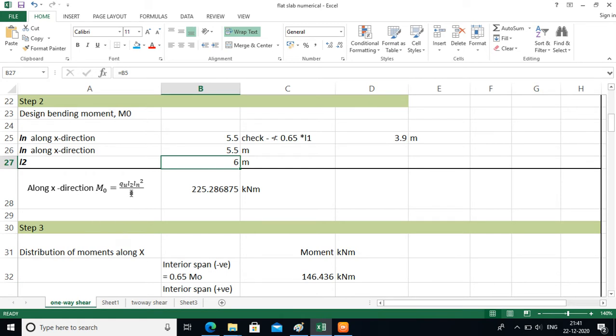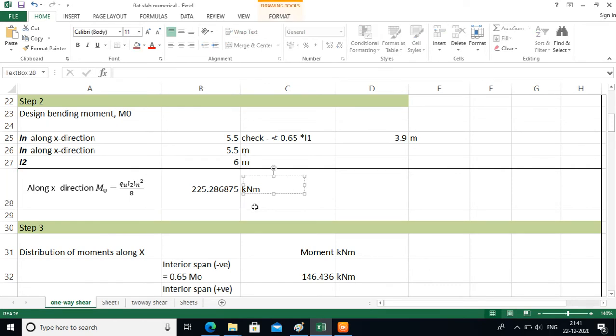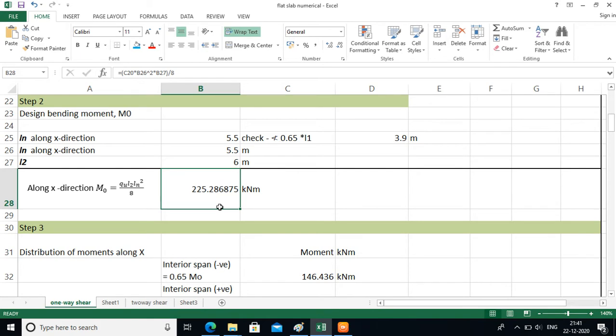The formula is Qu into L2 into Ln square divided by 8, where Qu is the total ultimate load, obtained by applying the factor load. L2 is 6 meter and Ln is 5.5. By putting all these values in the formula, we get M0 as 225.2868 kilonewton meter.